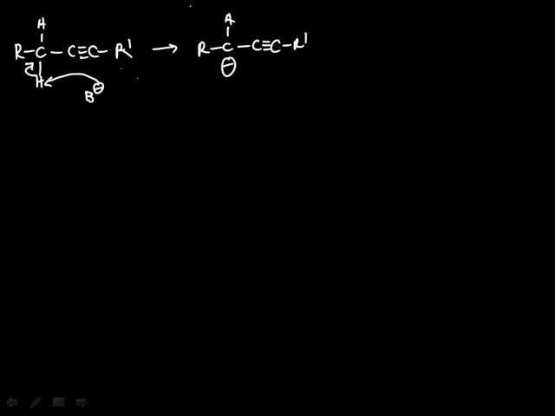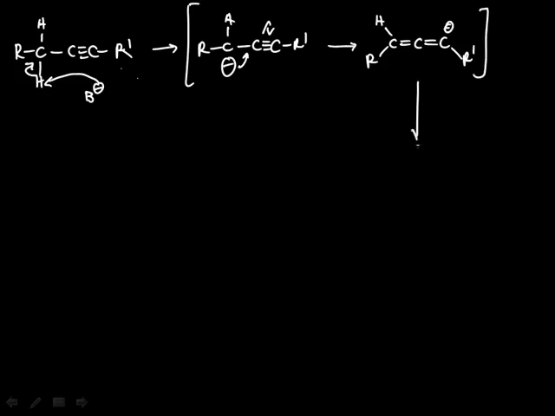And this is now a resonance stabilized anion because we can push these electrons over here and get something that looks like this. And now this compound can abstract back that proton from the base to give us an organic molecule we've seen already, which is known as an allene.